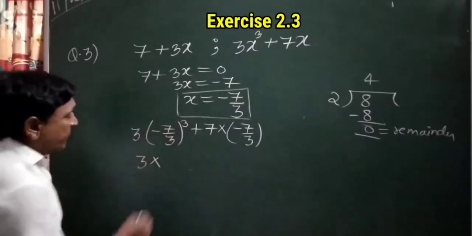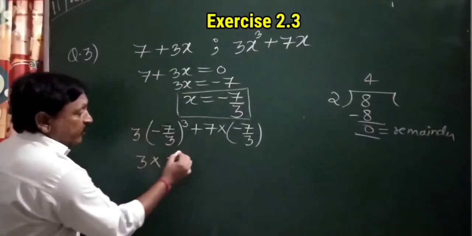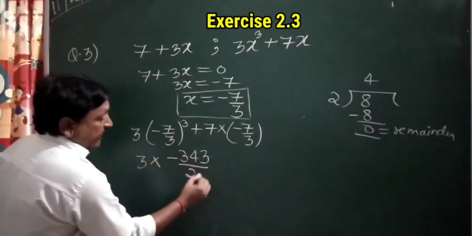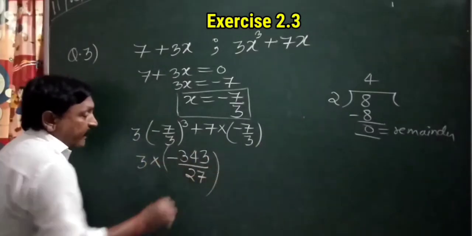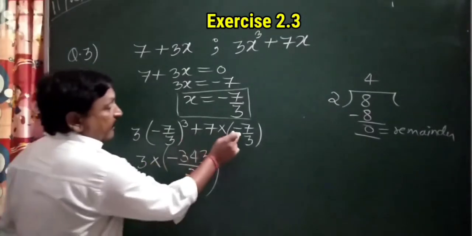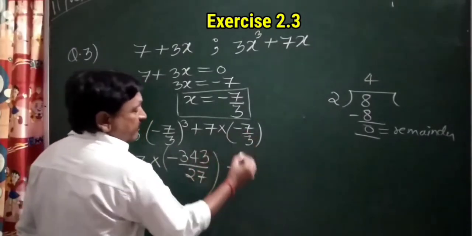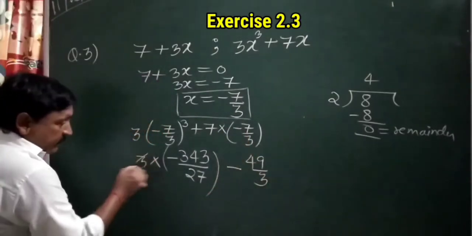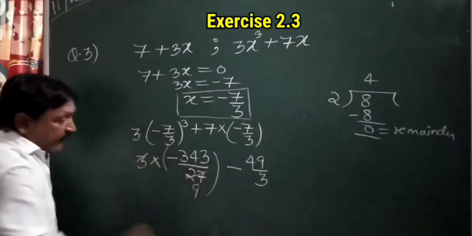Minus 7 cube is 343 and 3 cube is 27. Put this in a bracket because a minus sign is coming. Okay. Plus, 7 into minus 7, 7 7s are 49 upon 3. 3 9s are 27.